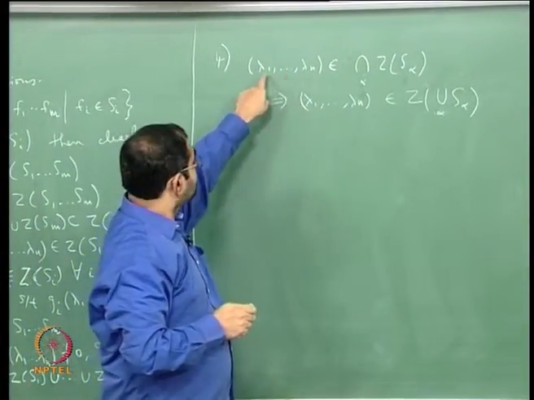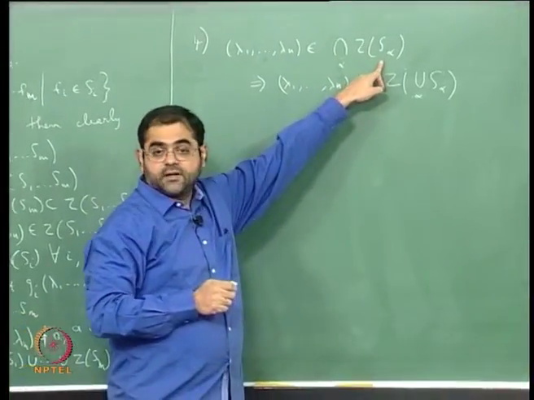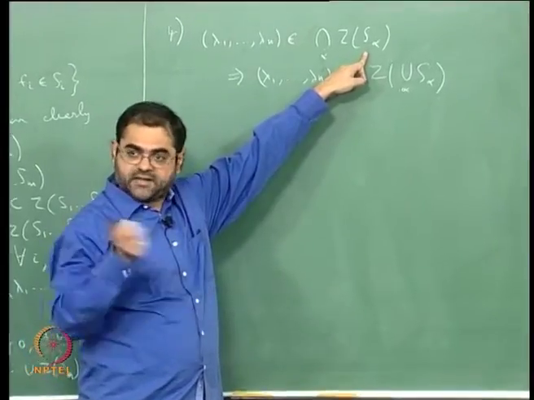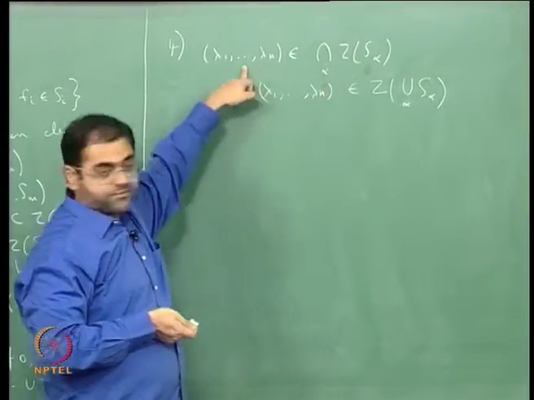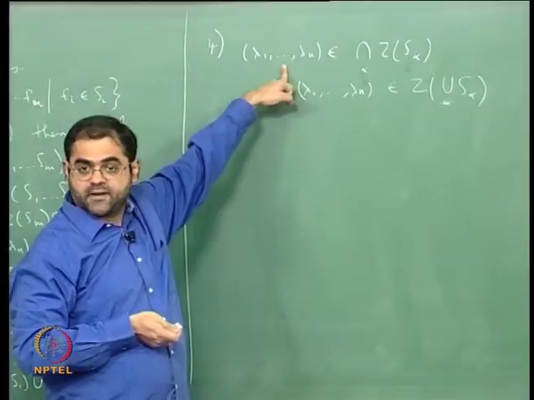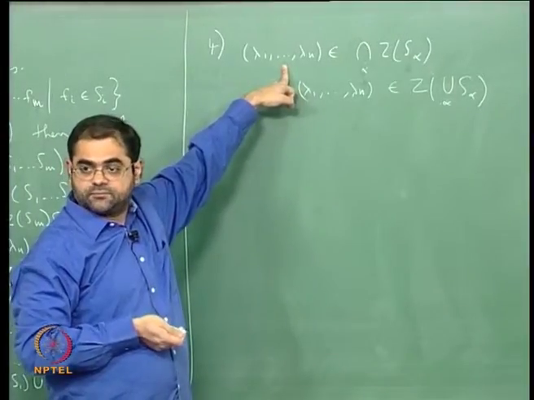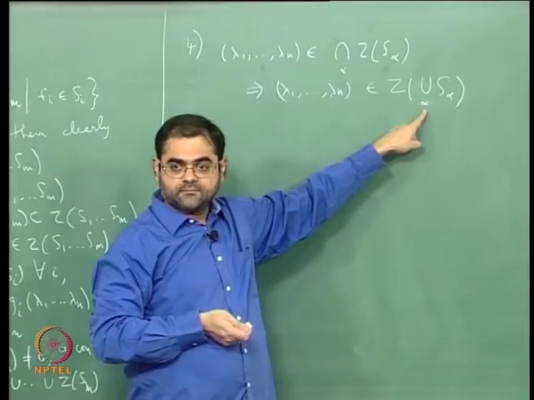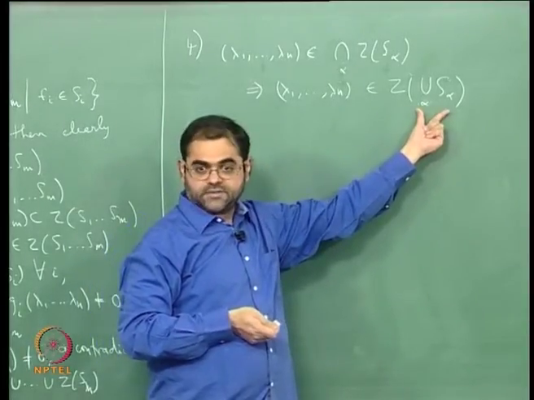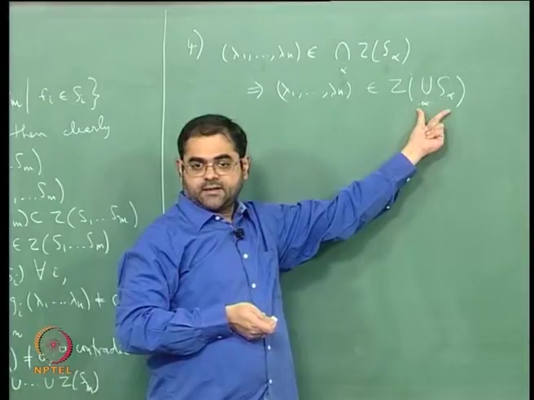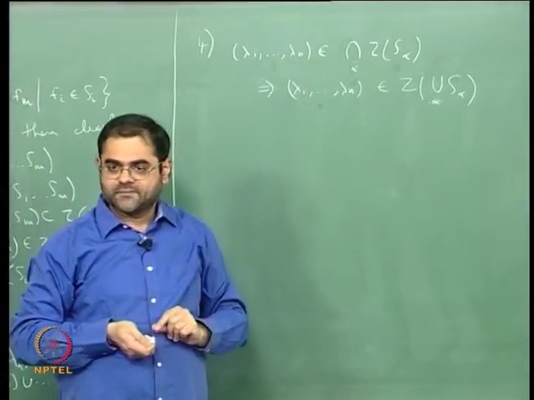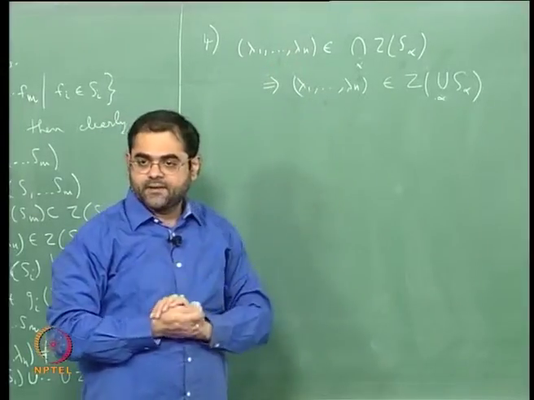It means that you take any polynomial in any S alpha for any alpha and evaluate it at this point, that is, plug in this for the variables, then you get 0. But that is exactly what this means. If you take all the polynomials in all the S alphas, then they all vanish at this point. So this implies this.